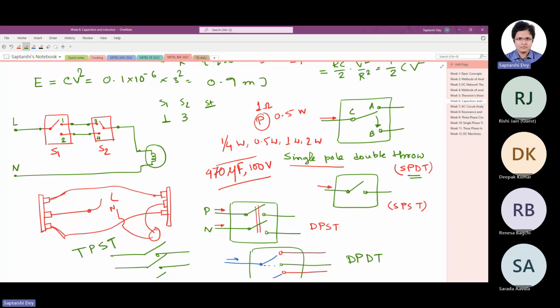Can you understand the circuit? Yes, no. If you cannot understand, tell me no. Don't keep quiet. Write in the chat box no. Am I audible?